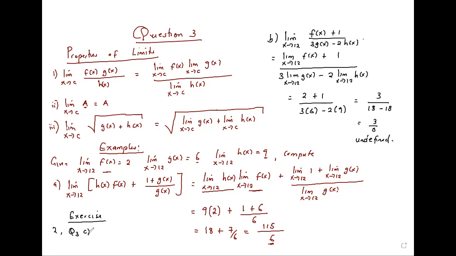Okay, we're now going to question 4. Question 4. A, what's the limit as t goes to 0 of t squared plus 6 over t squared minus 3?